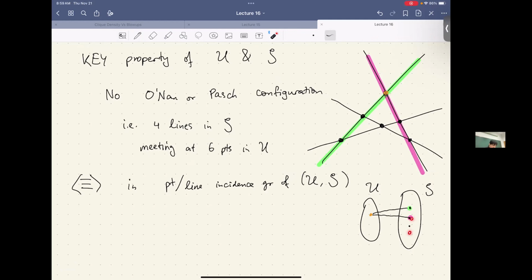For every pair, you have a unique intersection point in U. This is exactly a 1-subdivision of K4 with 4 vertices in S. So i.e., no 1-subdivision of K4 with 4 vertices on the right.